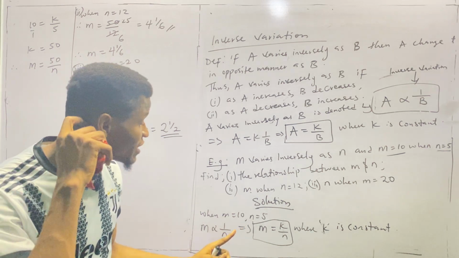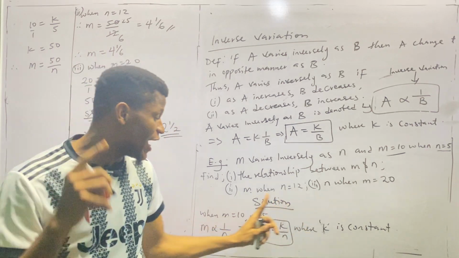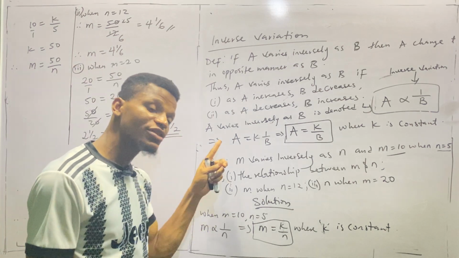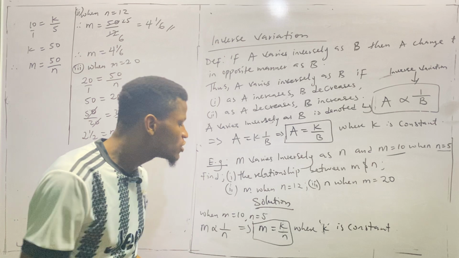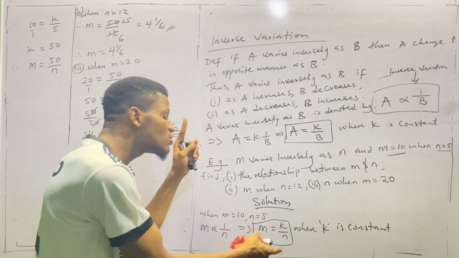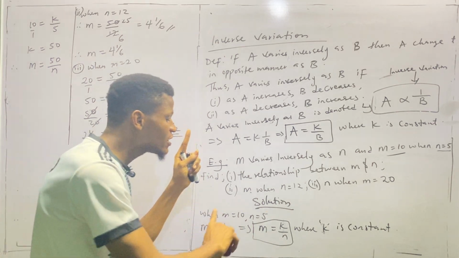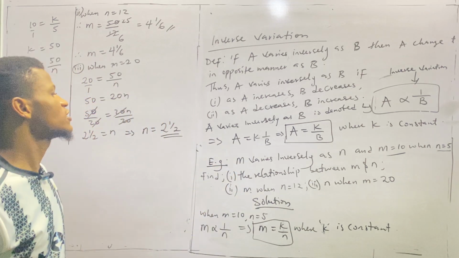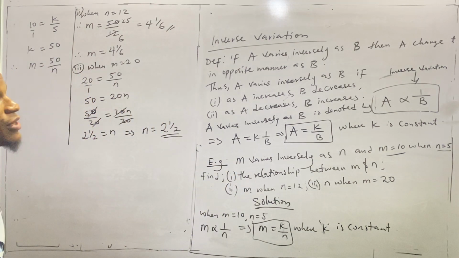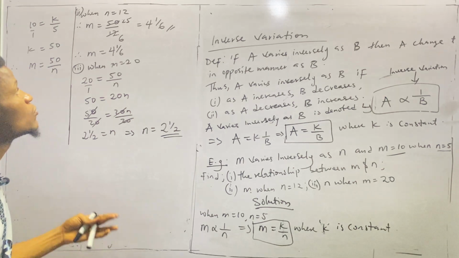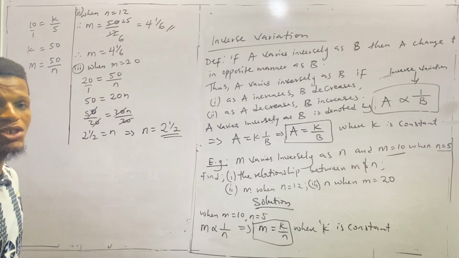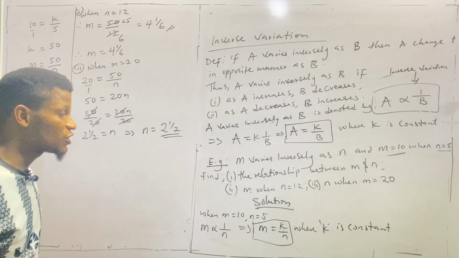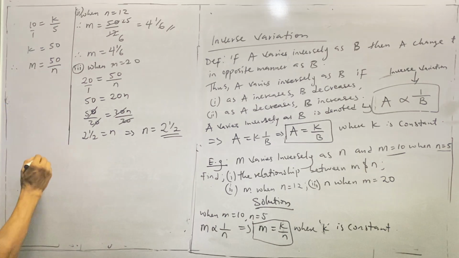So what you observe here is that as n increases, m decreases, and as m decreases, n increases. An increase in one will not bring an increase in the other, rather, an increase in one will bring a decrease in the other. That is for inverse variation. I will establish more examples after the teachings. Because of time management, let's go into the next phase, which is joint variation.